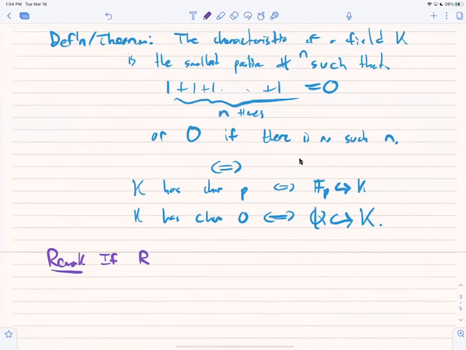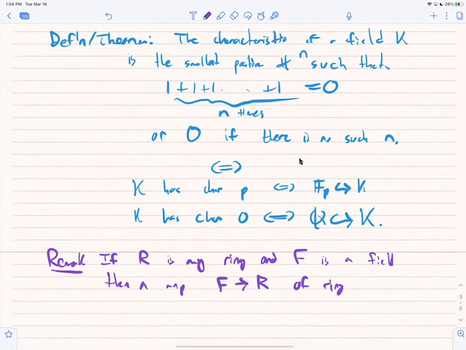Let me make a remark. If R is any ring, and F is a field, then any map F to R of rings is injective.